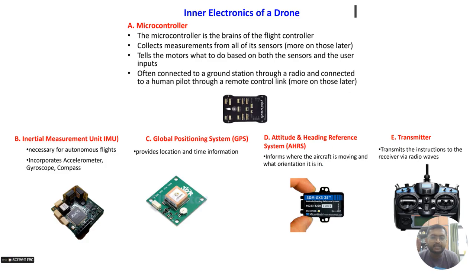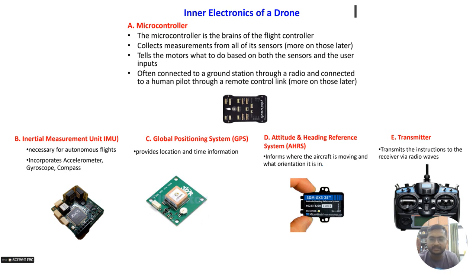Then you have the attitude and heading reference system, AHRS, which will give you the information about where the aircraft is moving and what its orientation is. So whether it's going in the right direction, front direction, and at which angle. All that information we get from AHRS, whereas its stability is determined by the IMU.